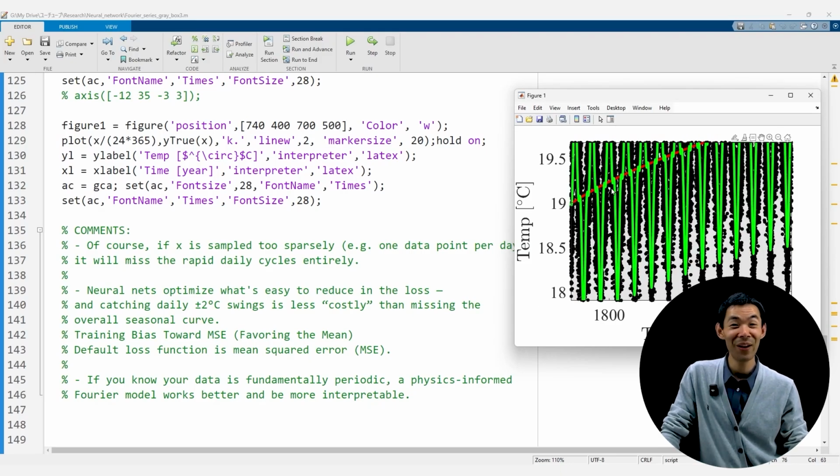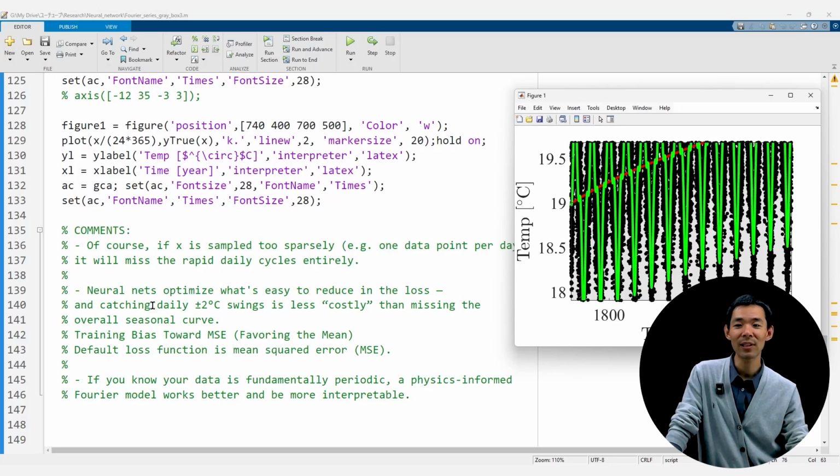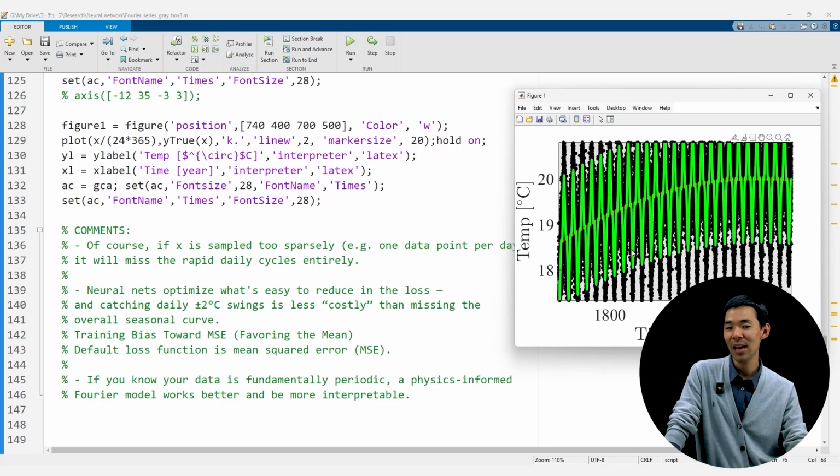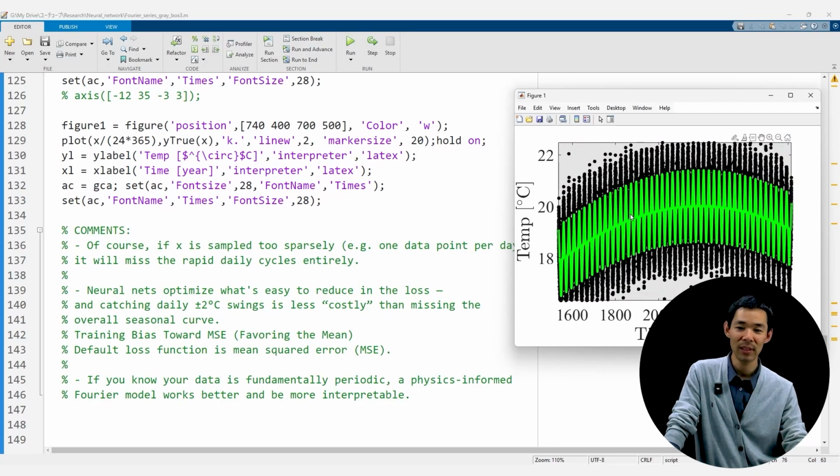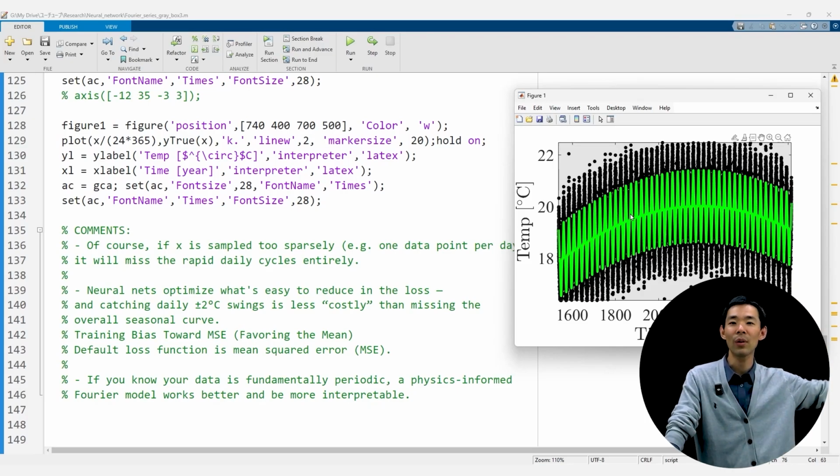We're actually very, very fine in our sampling of our data. It's really just biasing towards the mean. So this is a kind of training bias towards the mean squared error. So it's favoring the mean and it's not capturing the error of the high frequency noise because the couple of degrees of swing is less costly than capturing the overall seasonal trends in the curve.